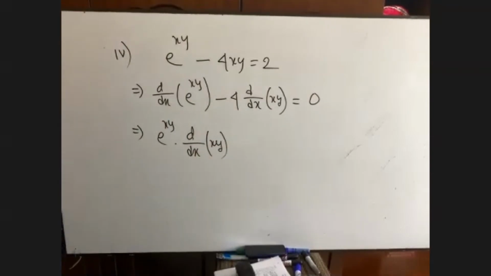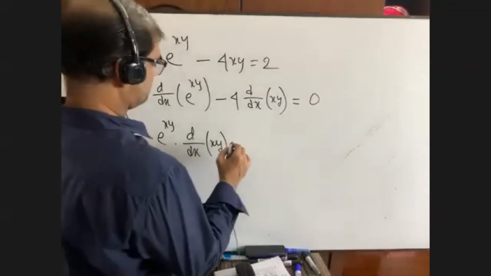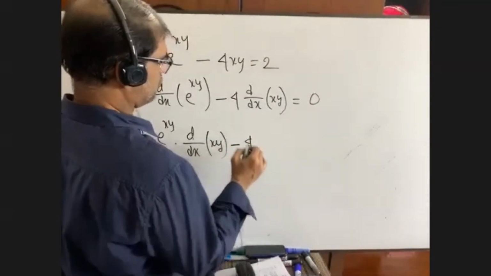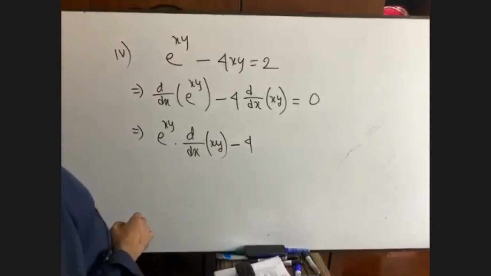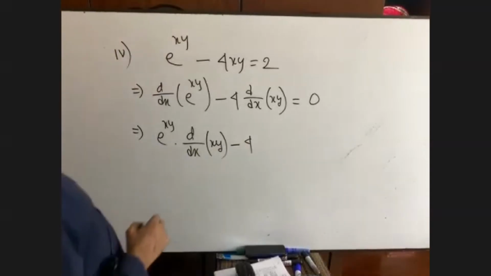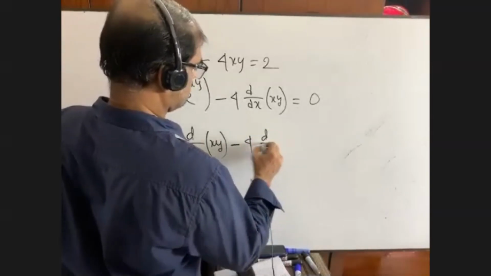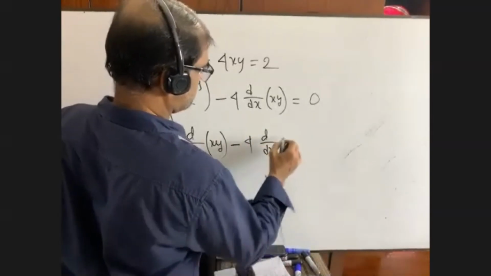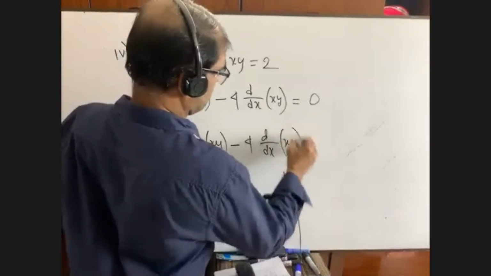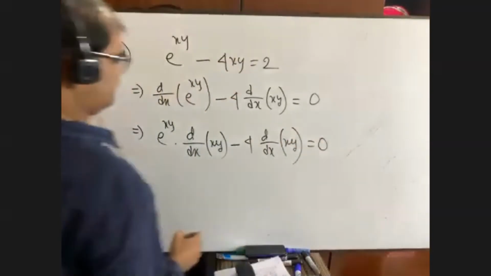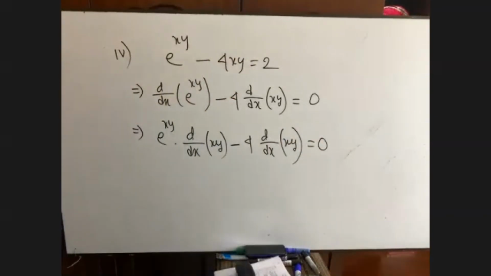Is it okay? Minus 4 d by dx of xy equals to 0.